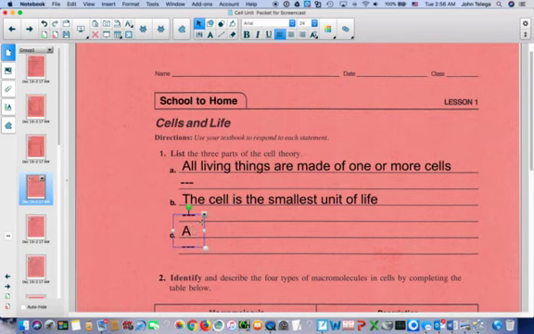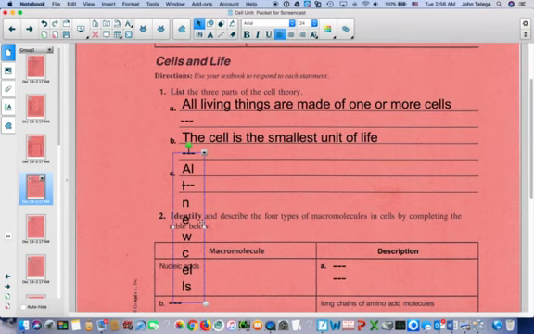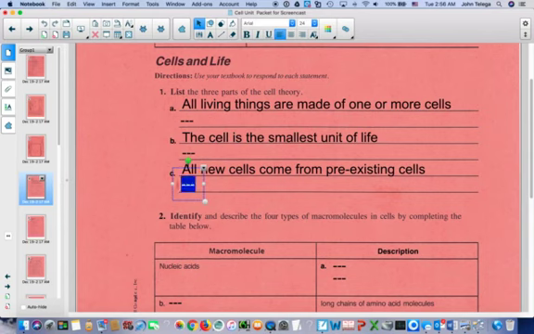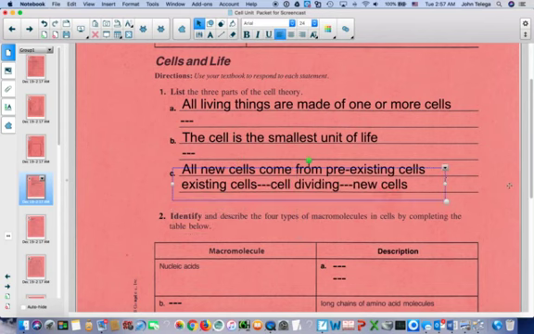So existing cells, cell division, dividing, and then on to new cells. Like that.